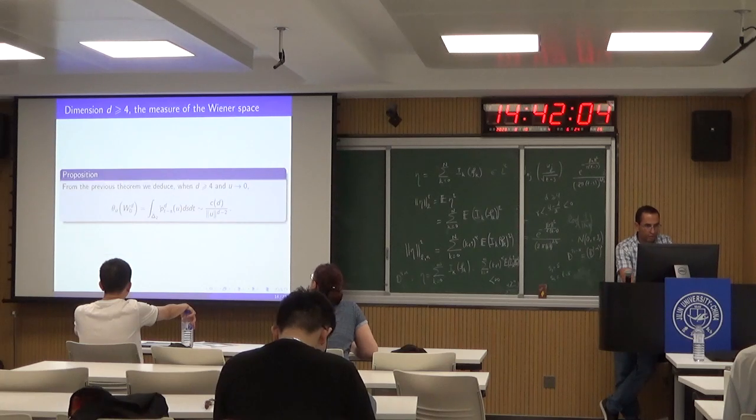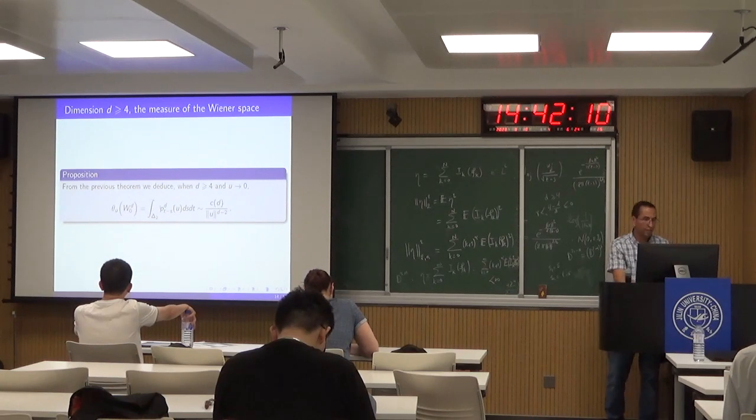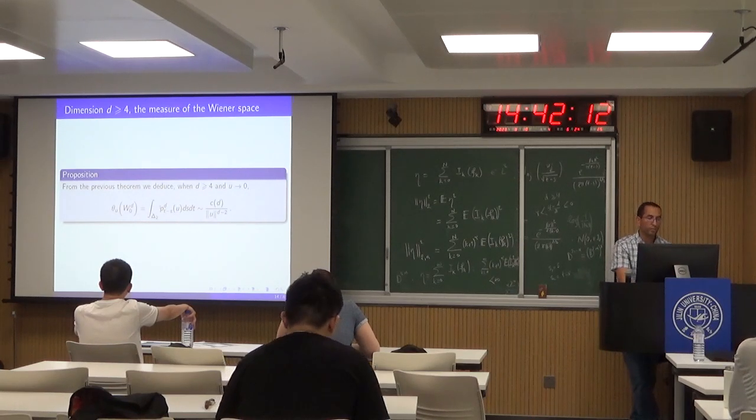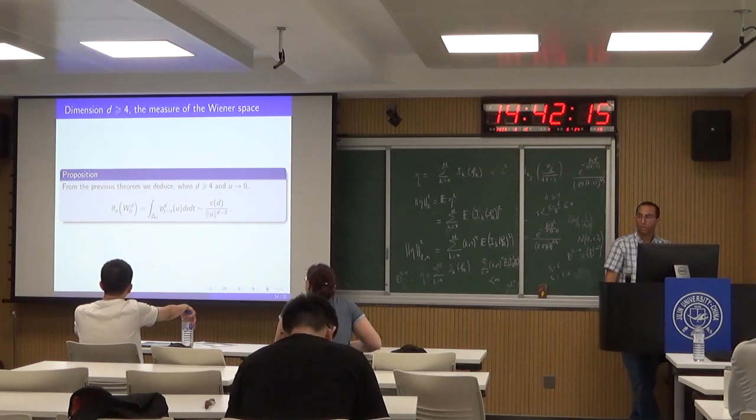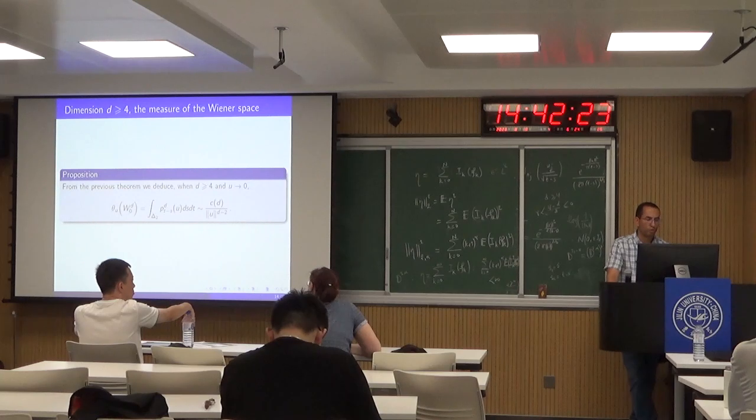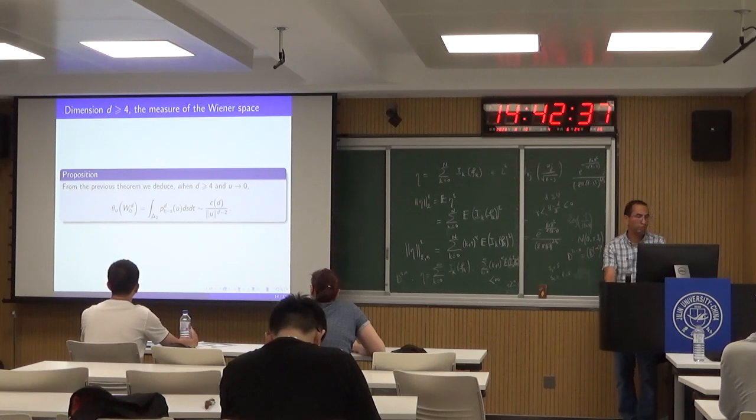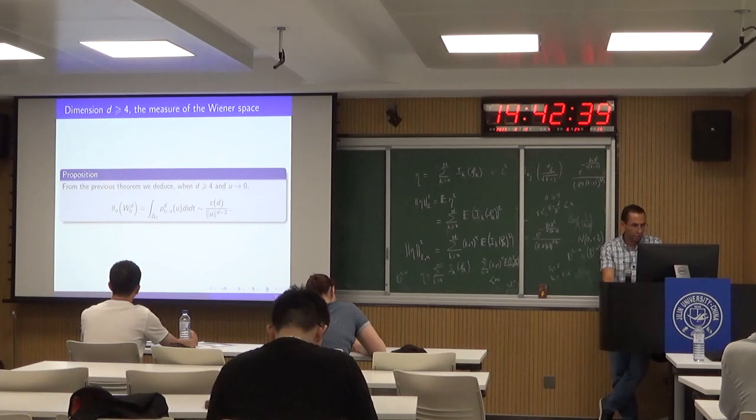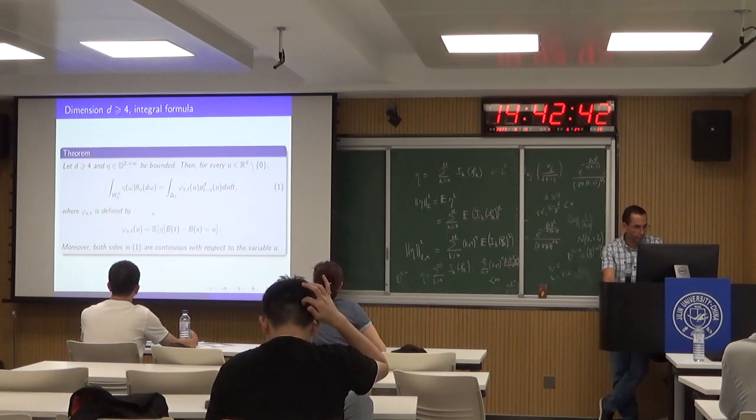Maybe the first application of this formula is to derive the measure of the whole space. It is not a probability measure, by the way, it's just a finite positive measure. But we can derive the measure of the whole space. It is given by this integral, and we even know some asymptotics for this integral. You ask me how did you find this? Of course, just go back one slide.